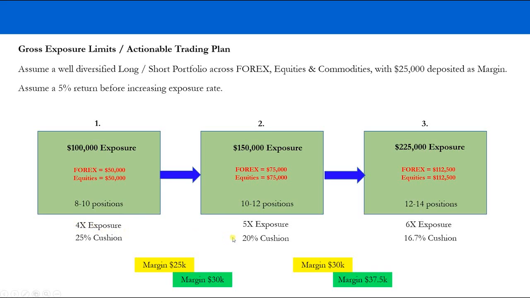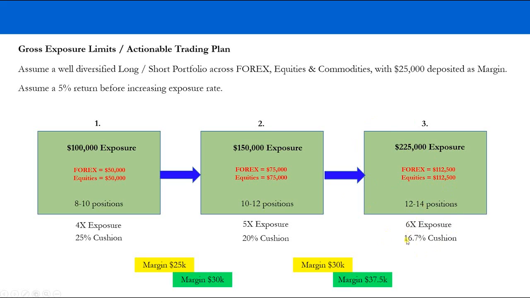So 5 times starting out, 6 times if you're making money, and 7 to 8 times if you're making really good money and you've been consistent and done it well for a good period of time. So around 9 to 12 months. You have to have a good, strong track record to be here. If you're taking 6 to 8 times in currencies and overall diversified long-short portfolios across asset classes.